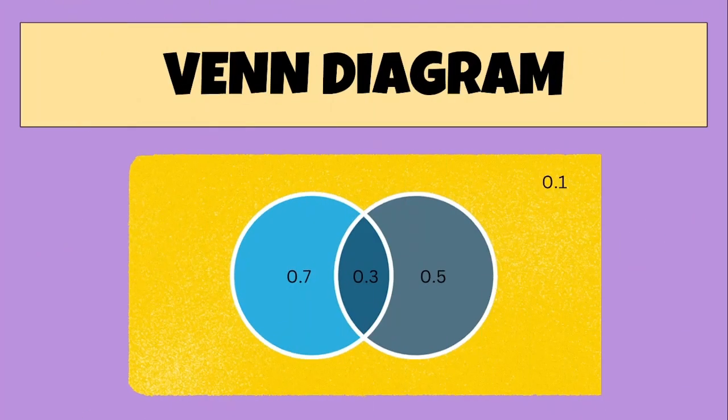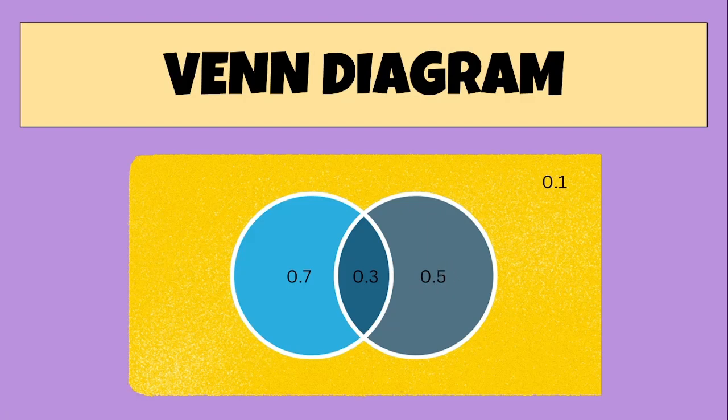Now, it's pretty hard to imagine that, so the best way to visualize it is by using a Venn diagram. As you can see here, in the lighter circle we have 0.7. This represents the probability of event A happening. And then in the darker circle, we have 0.5, which is the probability of event B happening.